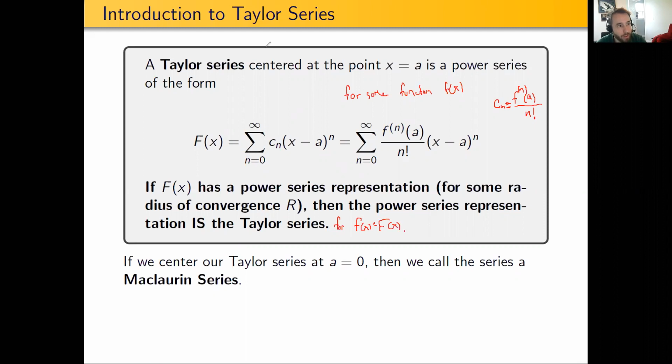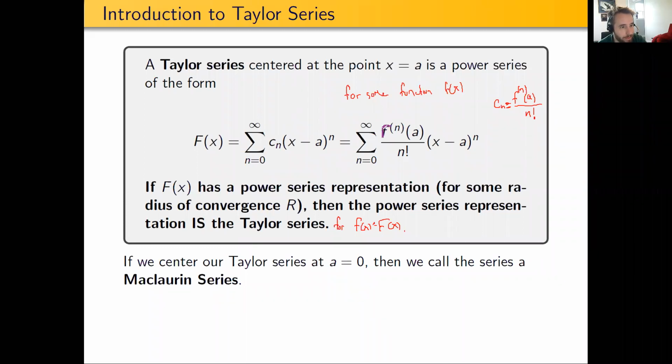In other words, I have this capital F, which is being used to represent the whole thing, and this is in terms of some function little f of x. What I'm saying here, perhaps too confusingly, is that those two f's are actually one and the same.